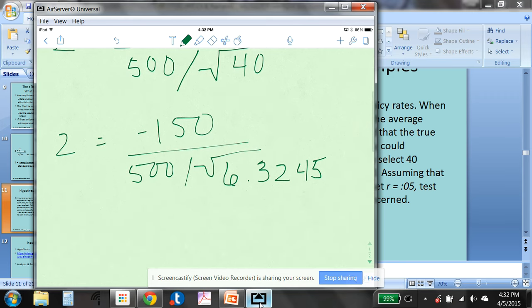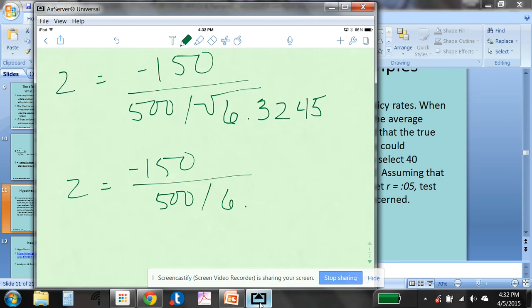And then we're going to divide. We've got 150 divided by 500 divided by 6.3245, which is 150 over 79.